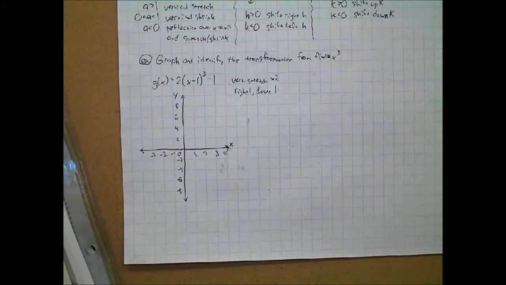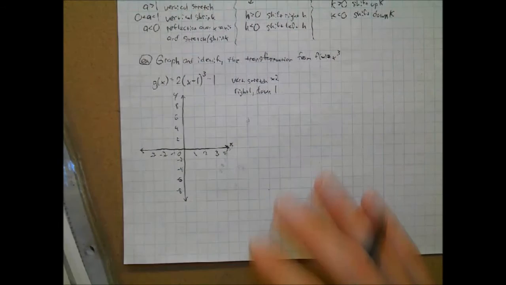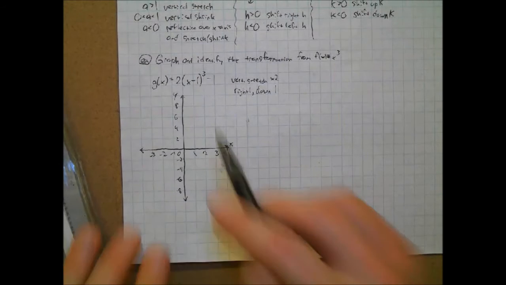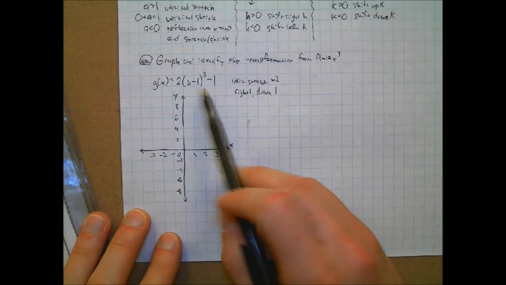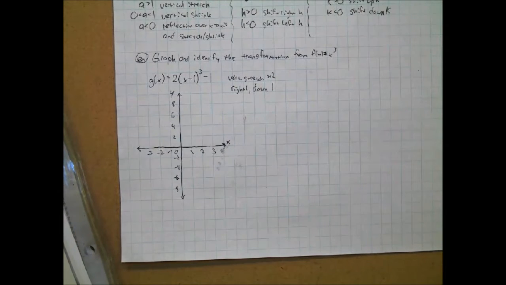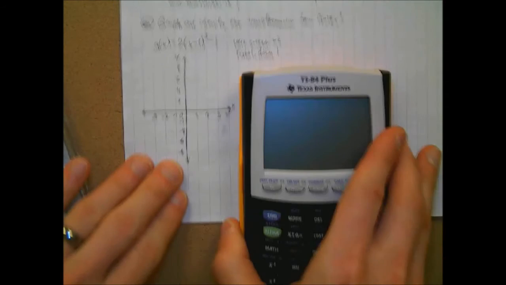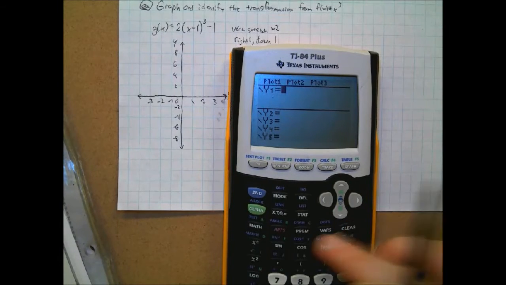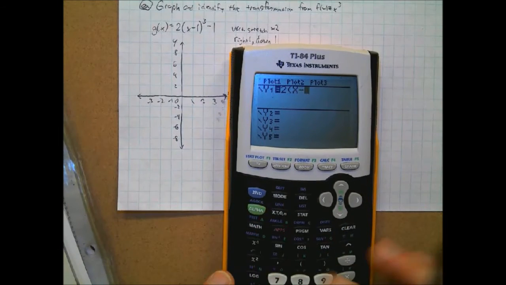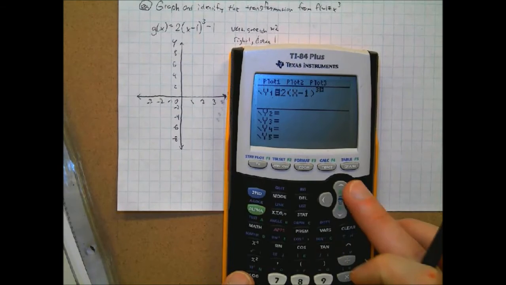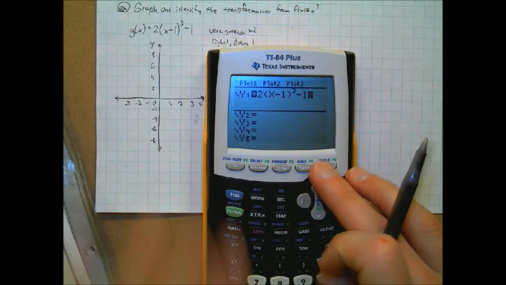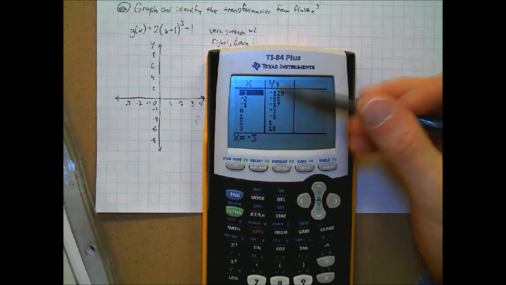All right, anyway. So let's take our graph. Now, again, you can do this in a couple different ways. Option 1 is you can just literally go put this in your graphing calculator, right? If you really need to, if you have to fall back on this, we can take our function here, type it in, 2 parentheses x minus 1 to the third, minus 1. Make sure to use parentheses in appropriate places. You can go to your table, and voila, there's some values for you.